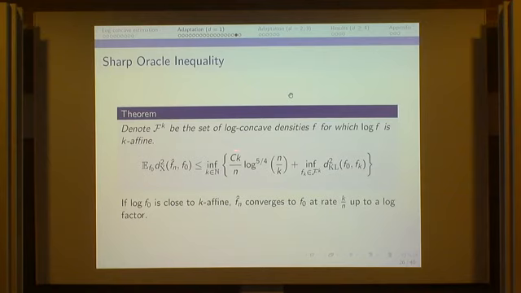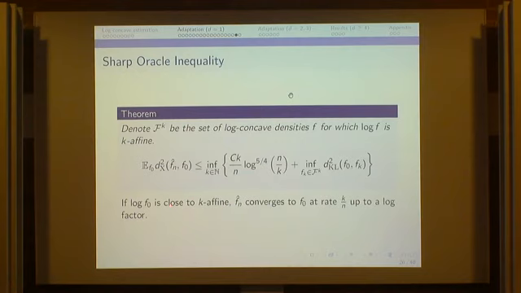So again, if our density itself is exactly equal to log k piecewise affine, the second term is exactly 0, so that we only have the first term. So this converges to f0 very fast.